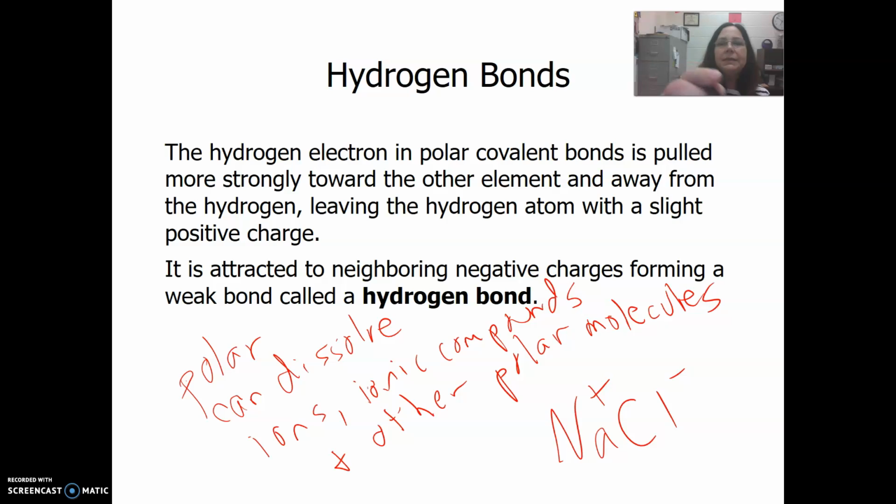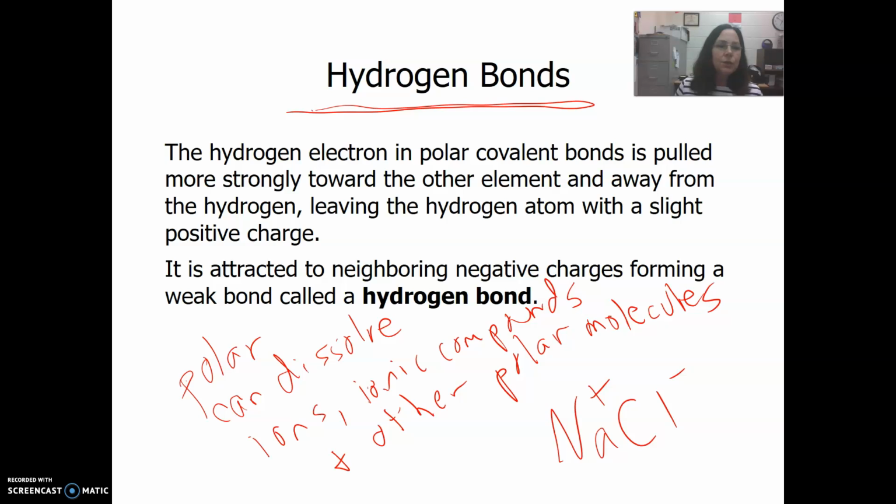Okay, so we do need to talk about another type of bond called a hydrogen bond. We know that water contains 2 hydrogens and 1 oxygen, and we know that the hydrogen atoms have a slightly positive charge and the oxygen has a slightly negative charge.